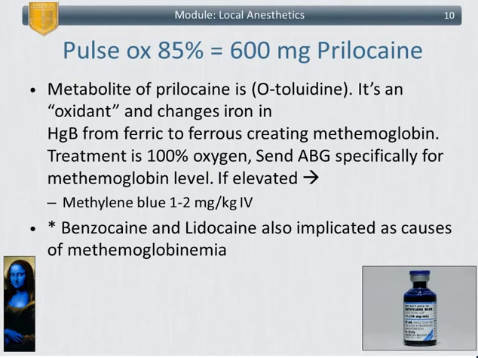If elevated, you want to undo the oxidation, and you can do that with methylene blue. Okay, so in spite of the fact that they are blue because they have a pulse ox of 85, you're going to give methylene blue to treat the oxidation changes of an overdose of prilocaine. Benzocaine and lidocaine have also been implicated as causes of methemoglobinemia, but quite rare.